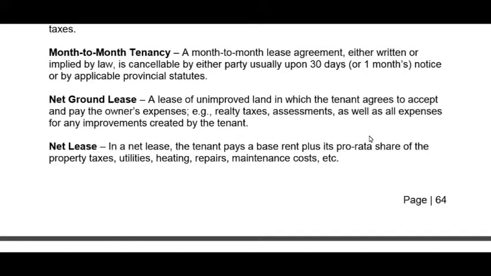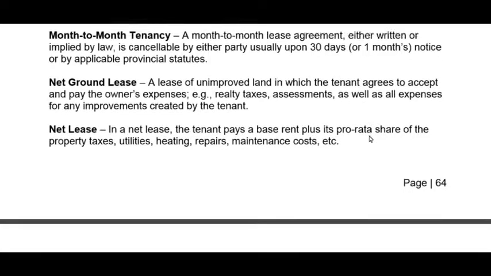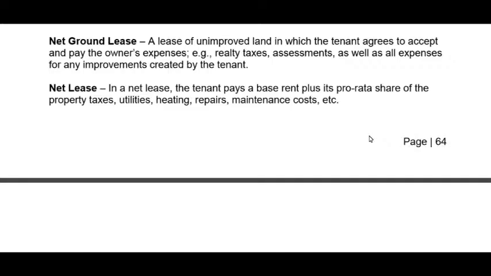Month-to-month tenancy. A month-to-month lease agreement, either written or implied by law, is cancelable by either party, usually upon 30 days or 1 month's notice, or by applicable provincial statutes. Net ground lease.